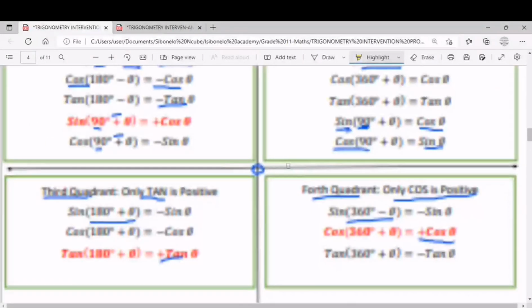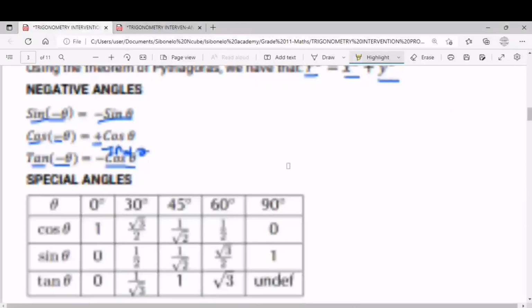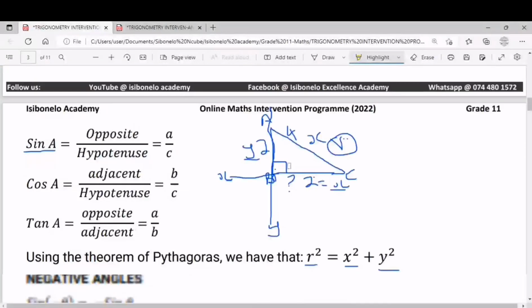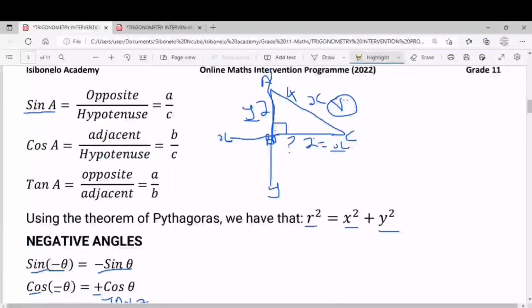To our ratios. Here are our ratios. So the ratio with opposite over hypotenuse, the function with the ratio of opposite over hypotenuse. Sine.